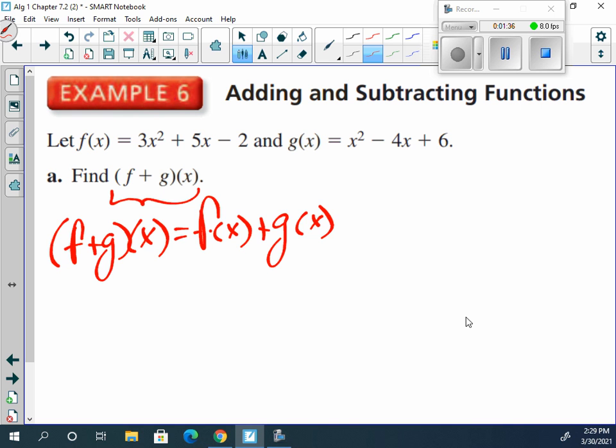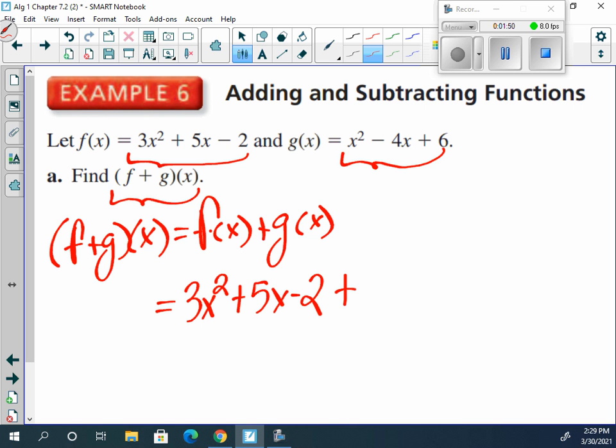Now, our f of x is what? And since we're adding, we really don't need to worry about our parentheses.